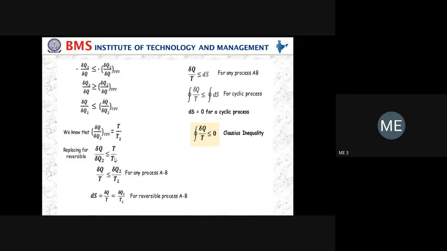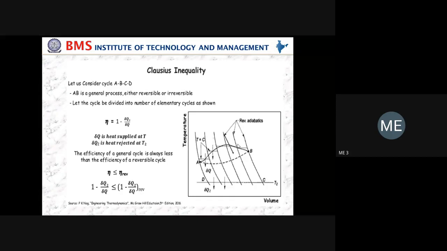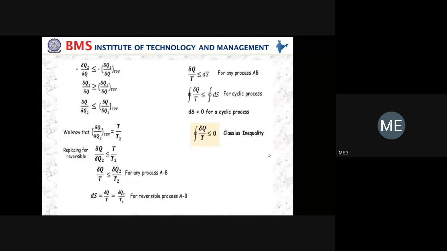Now you take T as the denominator: dQ divided by T is less than or equal to dQ2 divided by T2. And this equation is proved for any general process AB. We started by considering a general process AB. It may be reversible or it may be irreversible. But for a reversible process, using the Clausius theorem, that is dS divided by dQ by T is never less than.